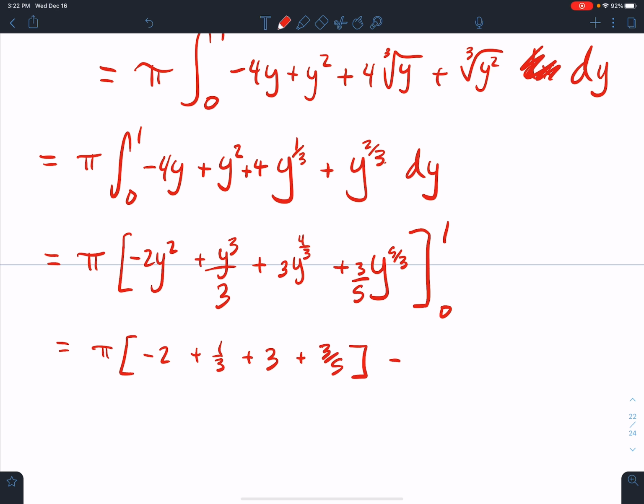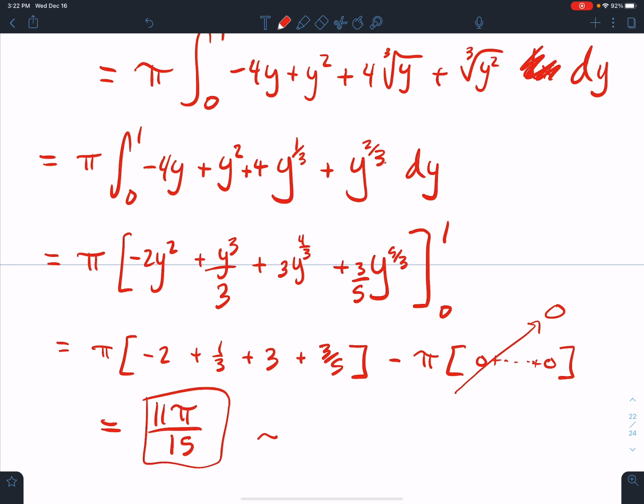And when you plug in 0, you just get 0 for all those. So that whole thing goes to 0. And so when you collect like terms here, you end up getting 11 pi over 15, which is approximately 2.304.